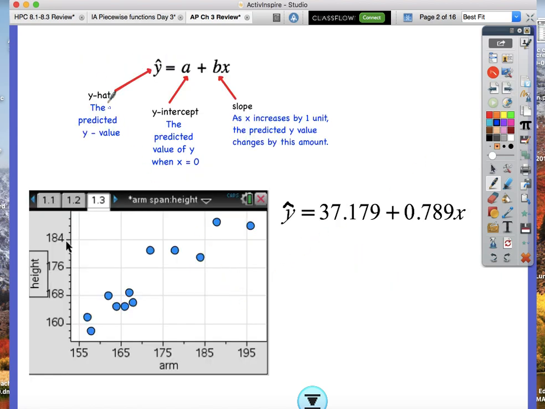Okay, here is your general formula for when you write an equation of a least squares regression line. Make sure that you put the hat on the y. When you see this y hat, that is the predicted y value. It's not the actual observed y value, it's what the line is predicting the y value to be.